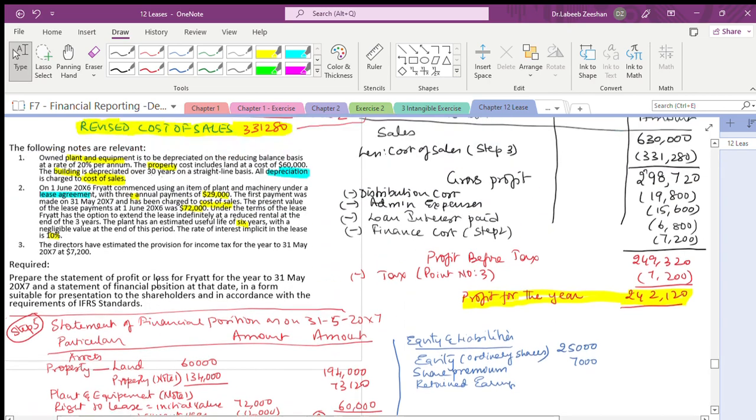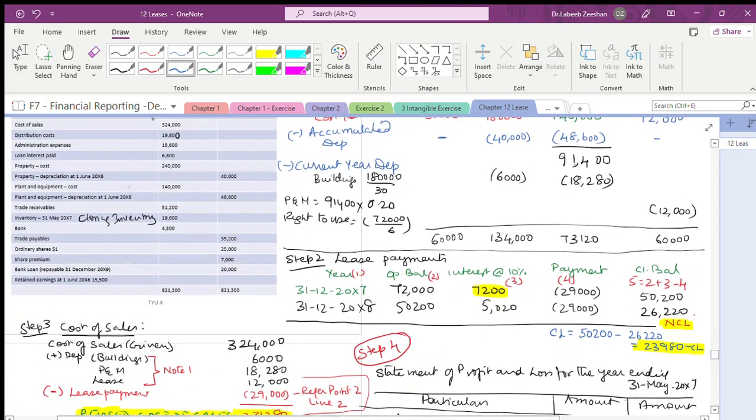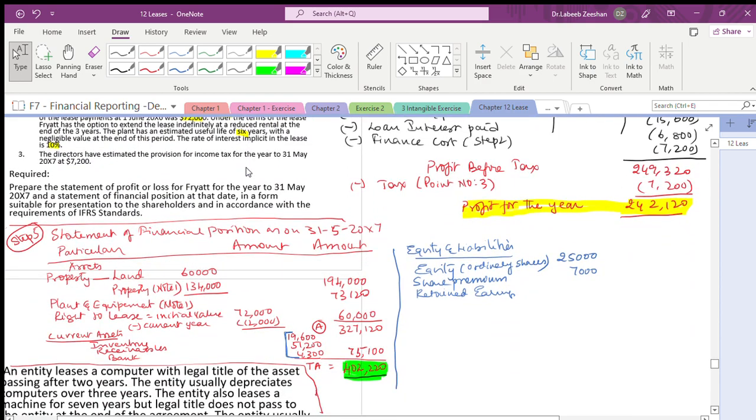See, retained earnings are this much. Where is that? Retained earnings are 15,500.